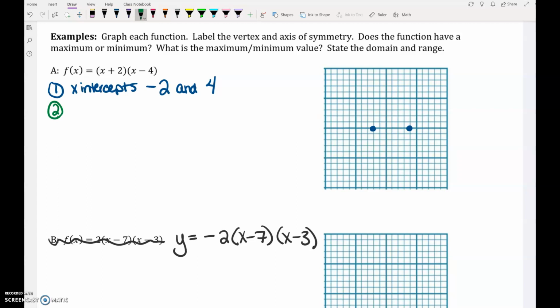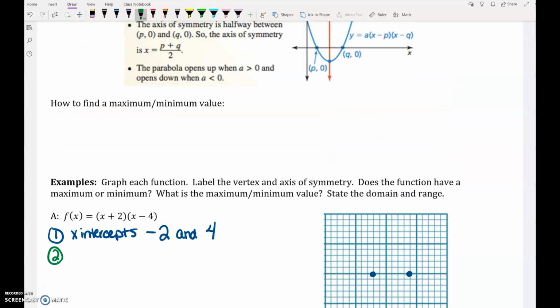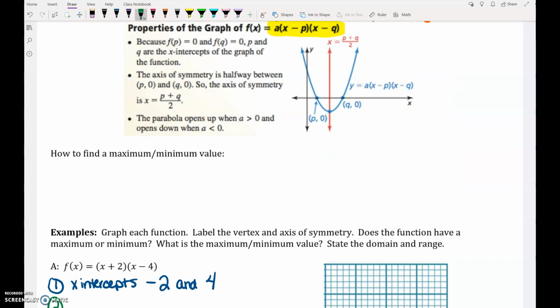A parabola is perfectly symmetrical. So these two points are reflections of each other over the symmetry line. That means that the symmetry line is exactly halfway in between these two points. Now, if you look up at the top of the page, they say the axis of symmetry is halfway between P and Q. So the axis of symmetry is: add them together and divide by 2. Find the average of the two intercepts.